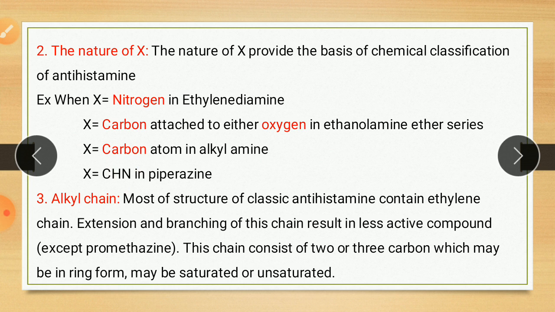Extension and branching of this chain result in less active compounds, except promethazine. This chain consists of 2 or 3 carbons which may be in ring form, saturated or unsaturated. In most antihistamines this chain is an ethylene bridge, but sometimes it may be branched, or it may be in cyclic form, saturated or unsaturated. So that is about the alkyl chain.